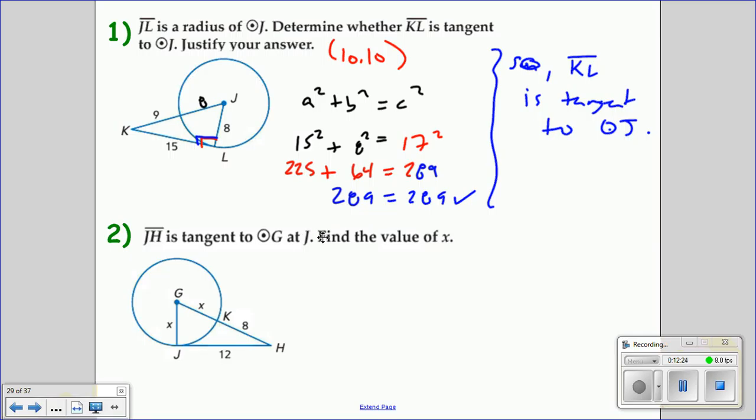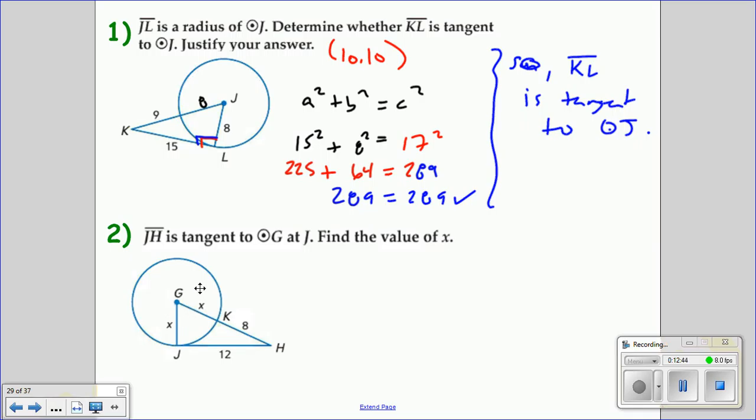Alright. On number 2, they tell us that JH is tangent to circle G at point J, and it wants us to find the value of x. If you look at it, x happens to be the length of the radius.